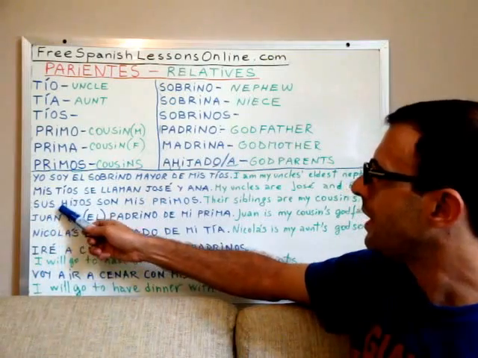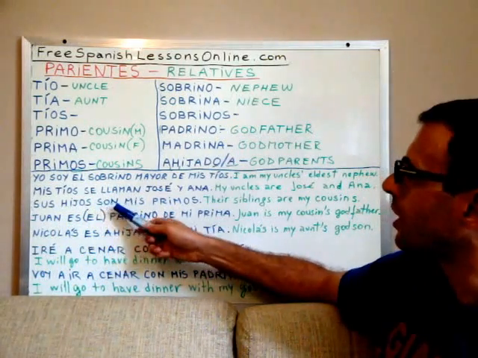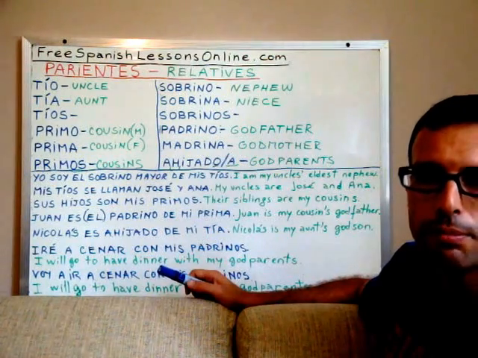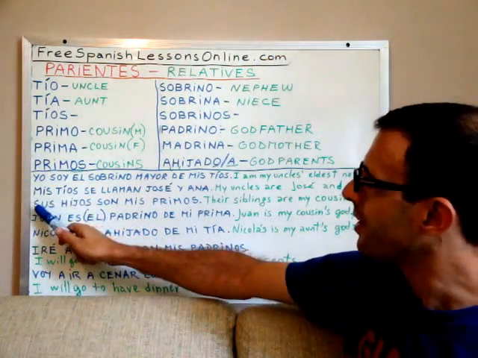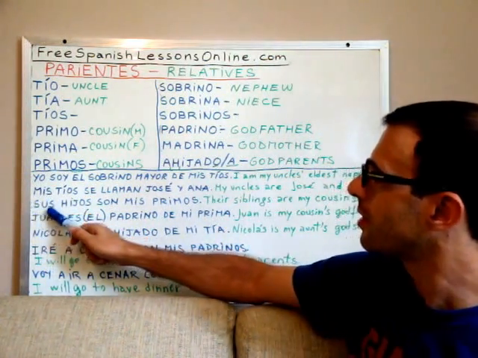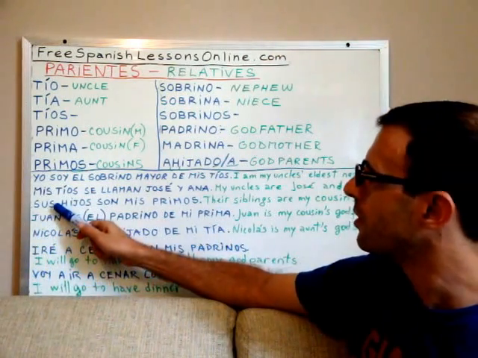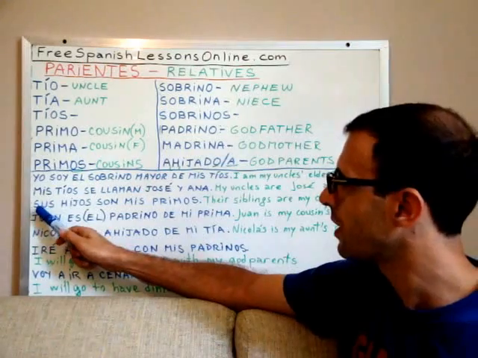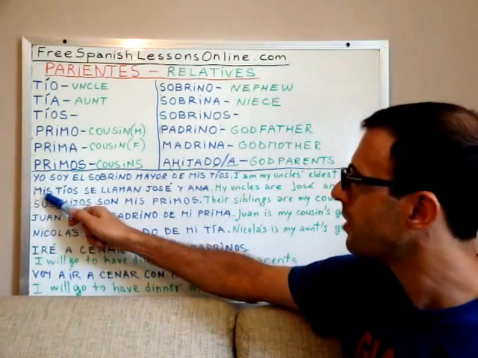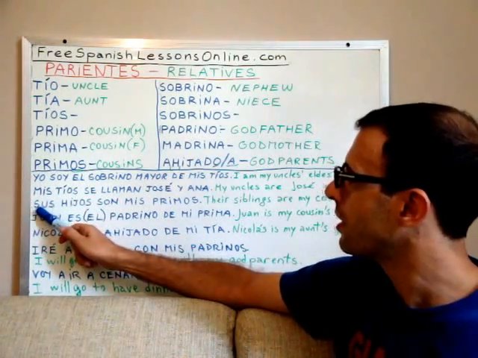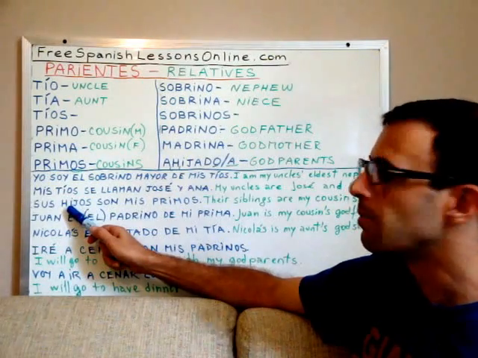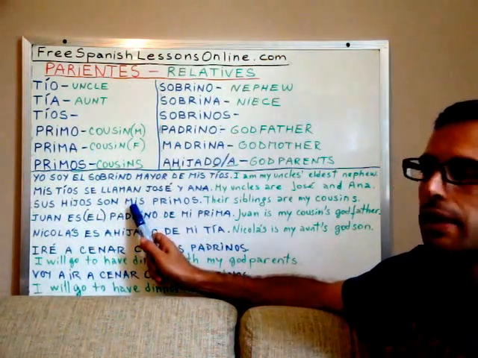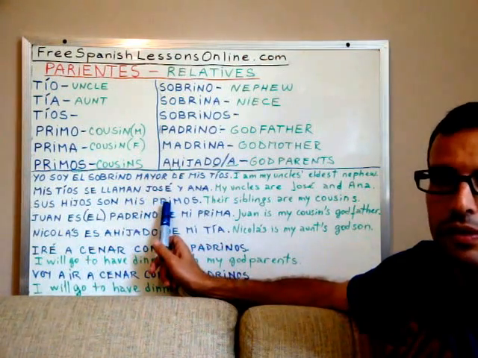Sus hijos son mis primos. This is their, right? Here we are referring to the previous sentence for the subject, okay? Their, we're talking about mis tíos, right? So their siblings or children are my cousins.